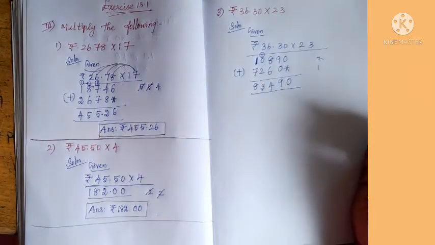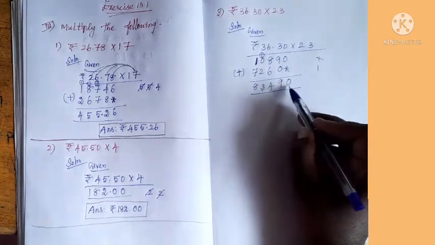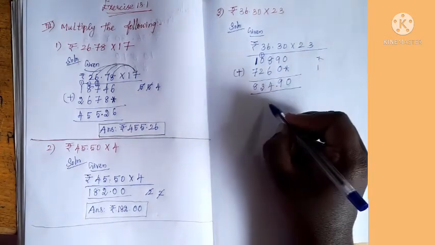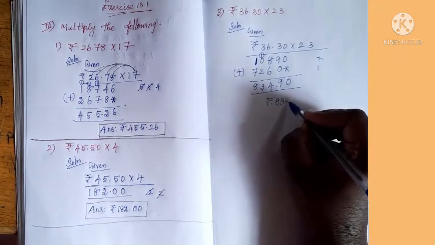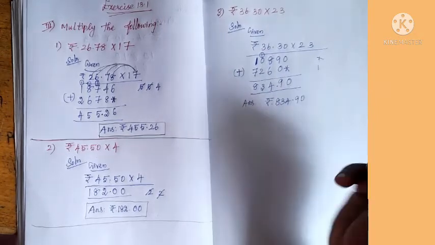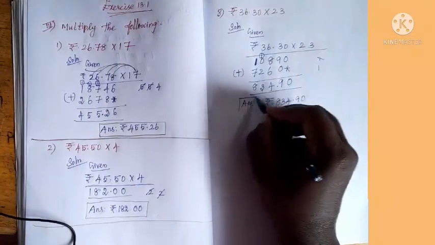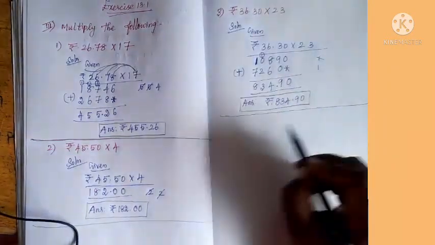So now where do you need to keep the point? See, check 2 digits before, from the right side. 1, 2. 2 digits before you check. So the answer is rupees 834.90. This is your answer for this question. Okay, 834 rupees 90 paise. Final answer, you draw a box using a pencil and scale.